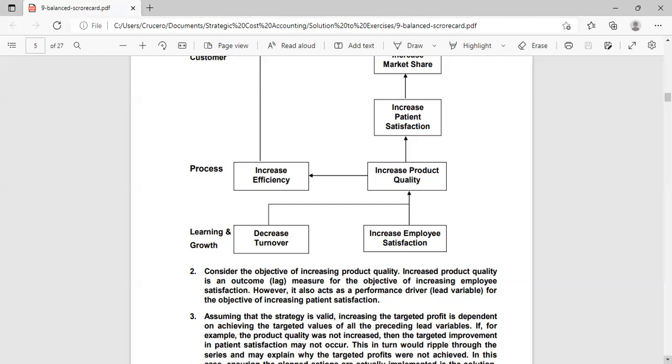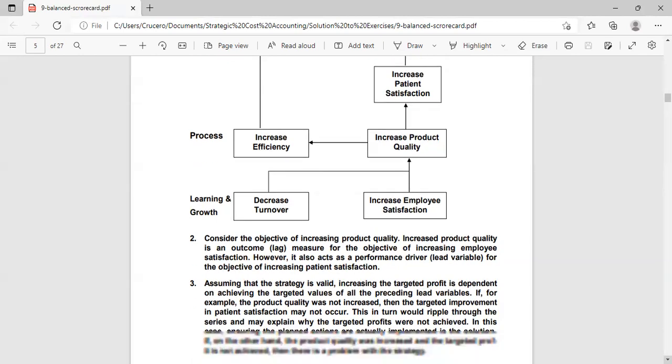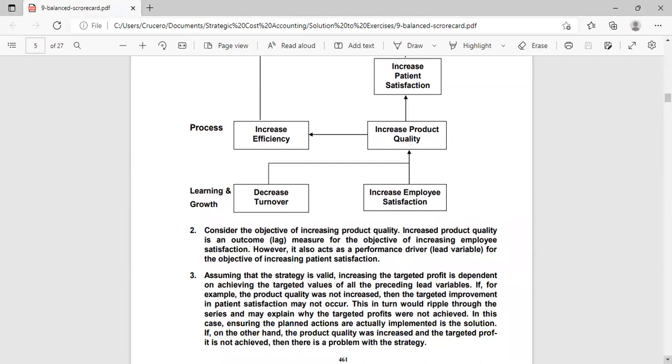This, in turn, would ripple through the series and may explain why the targeted profits were not achieved. In this case, ensuring the planned actions are actually implemented is the solution. If, on the other hand, the product quality was increased and the targeted profits not achieved, then there is a problem with the strategy.